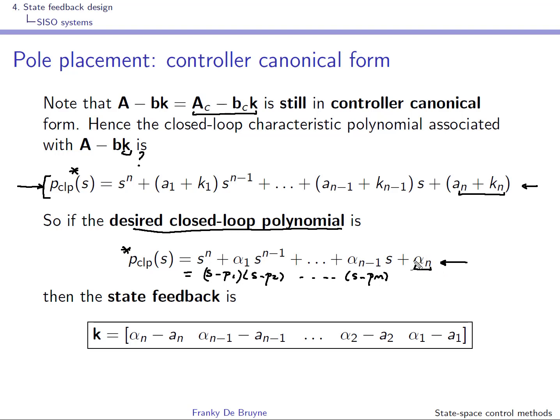Alpha n comes from the pole location, right? An comes from the system, it's a system property. It comes from the open loop characteristic polynomial, and now you can write that kn is alpha n minus an. This is kn over here. So this is how you can obtain the state feedback.